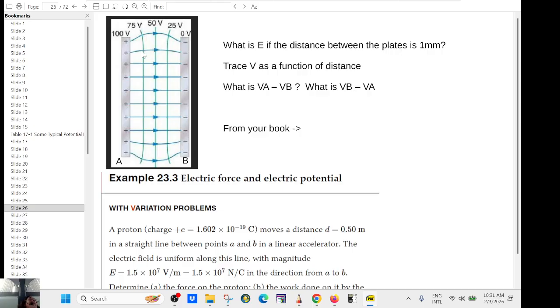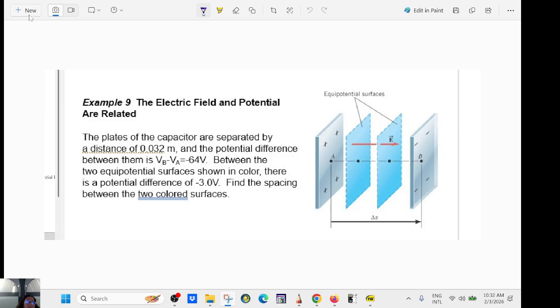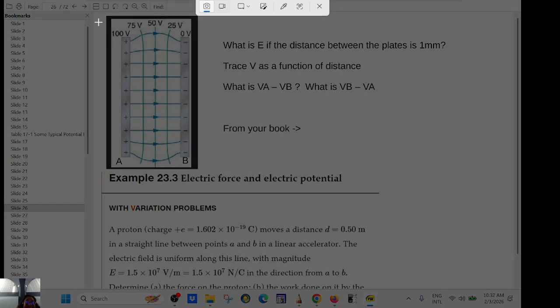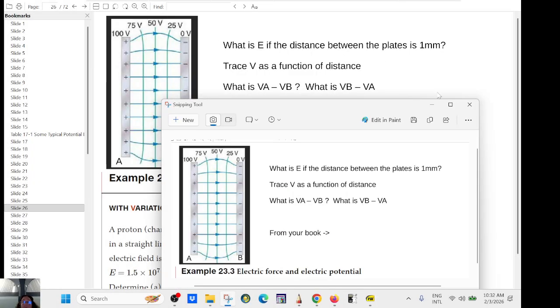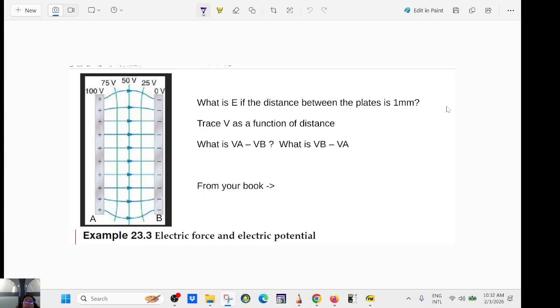So your voltage here goes from 100 to 0, and you see here, can you find the electric field? So find the slope. You go from 100 volt to 0 volt over a distance of 1 millimeter. What's going to be the slope? So delta V equals 100 volt.